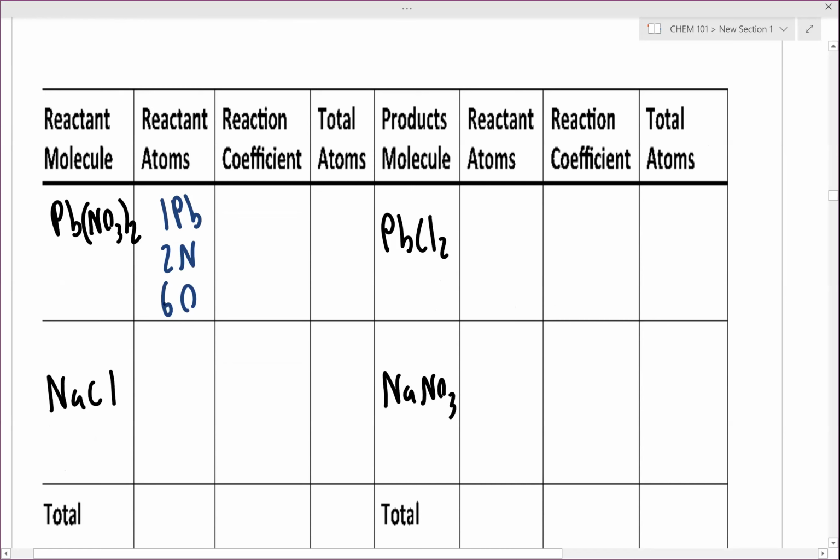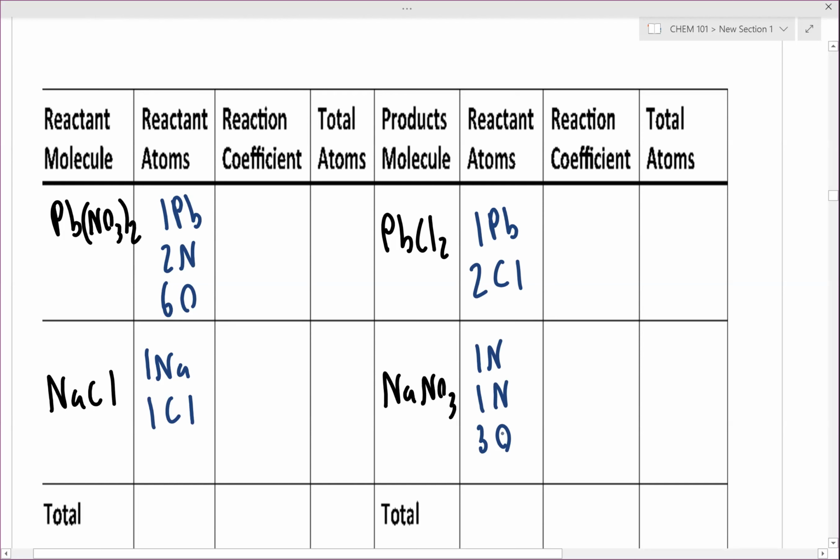Sodium chloride has 1 sodium atom and 1 chlorine atom. Lead 2 chloride has how many leads? 1. We have 1 lead atom, and how many chlorine atoms? 2. Sodium nitrate, we have 1 sodium, 1 nitrogen, and 3 oxygens.